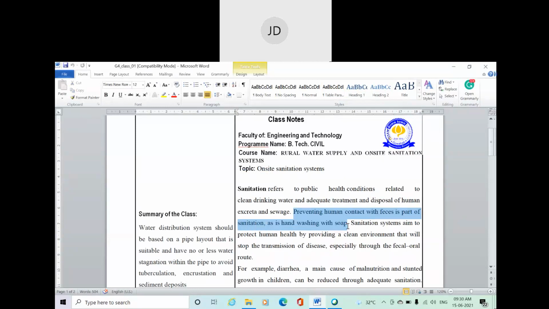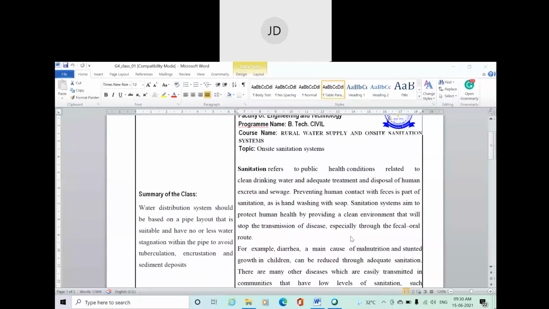Sanitation systems aim to protect human health by providing a clean environment that stops the transmission of diseases, especially through the fecal-oral route.